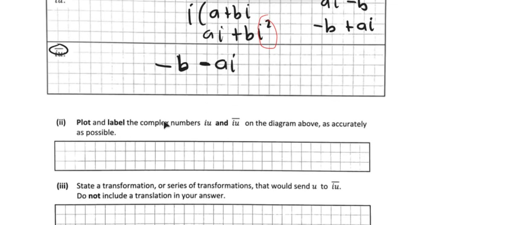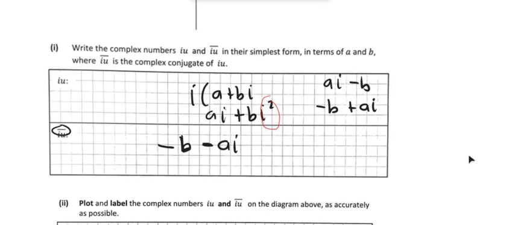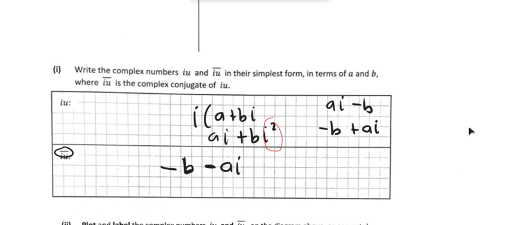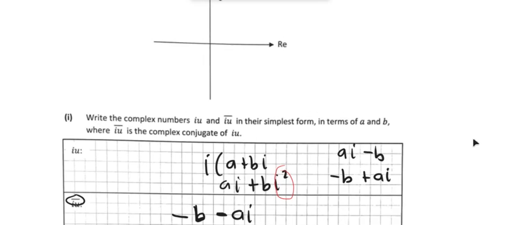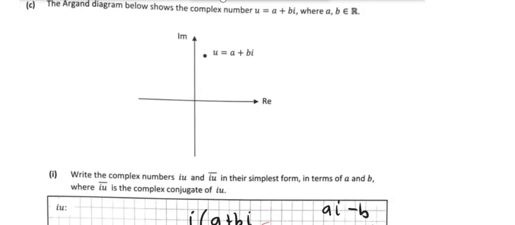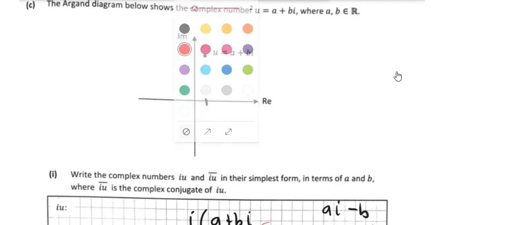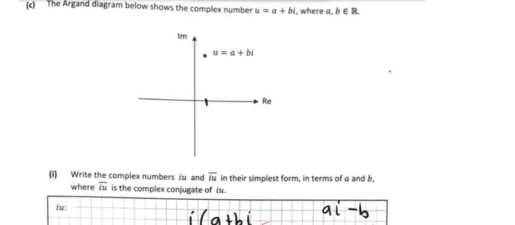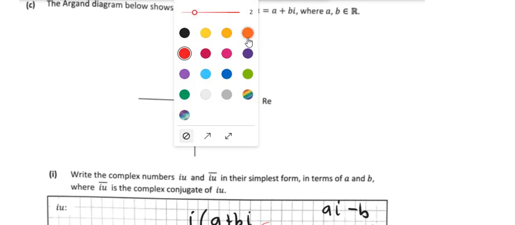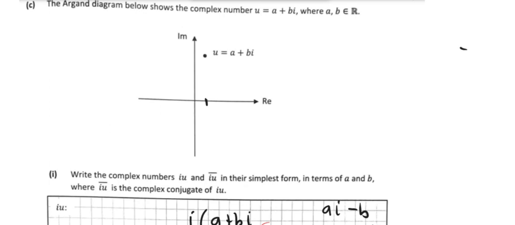Second part, plot and label the complex numbers iu and conjugate of iu. So iu is minus b plus ai. In the diagram, this distance out here has to be a, and then this distance up here has to be b.